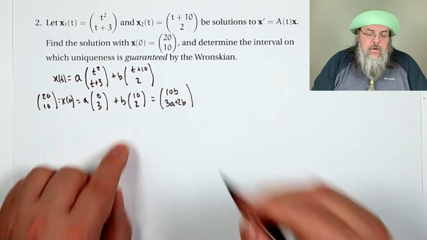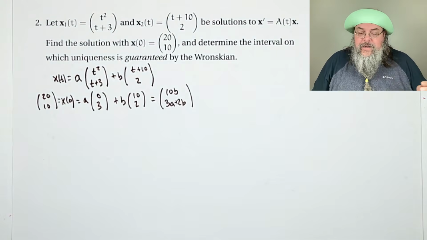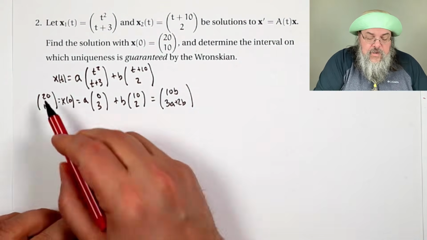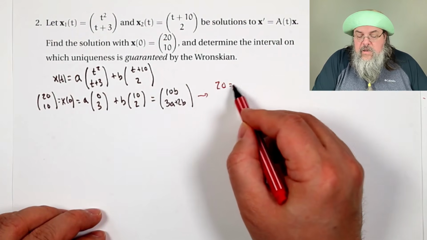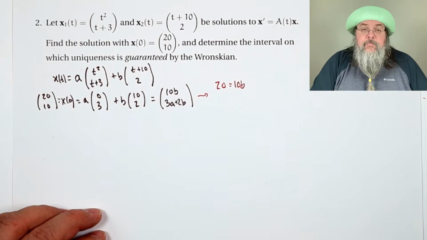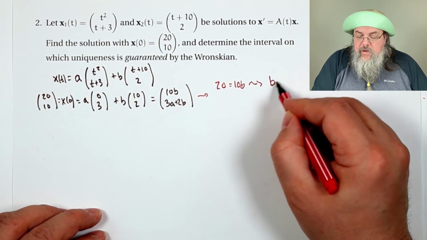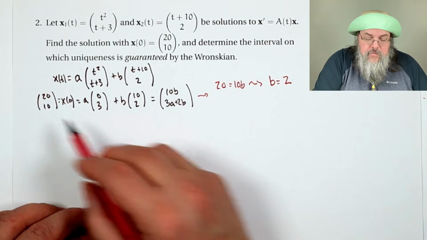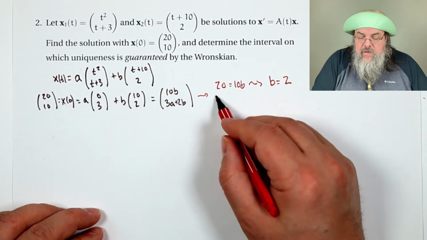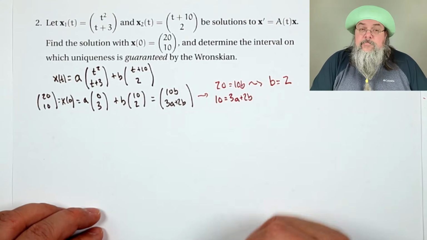And really, that's going to break into two different equations. The top entry says that we need 20 equals 10b, and that's pretty straightforward to solve. That tells us b needs to be 2.